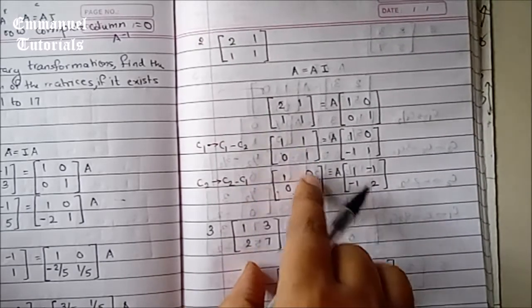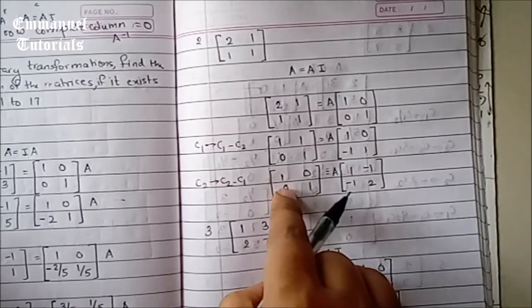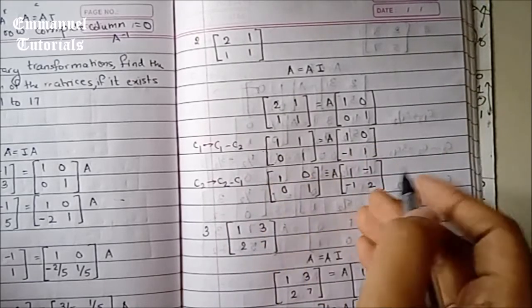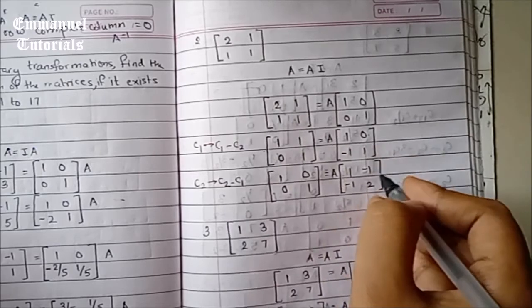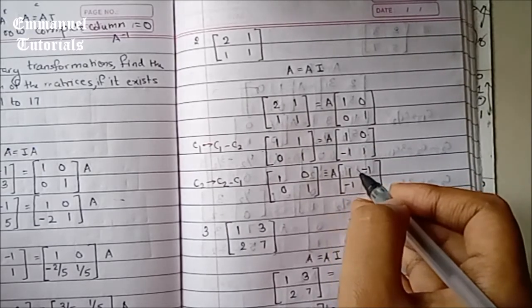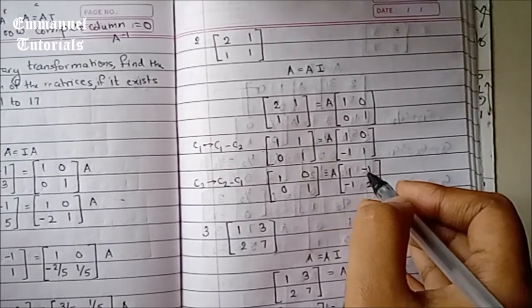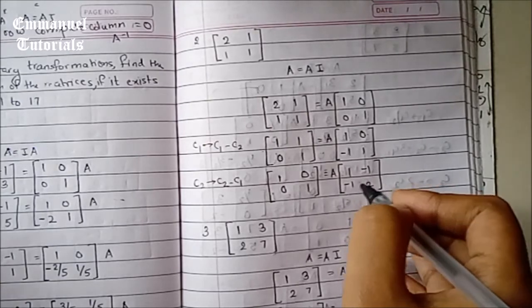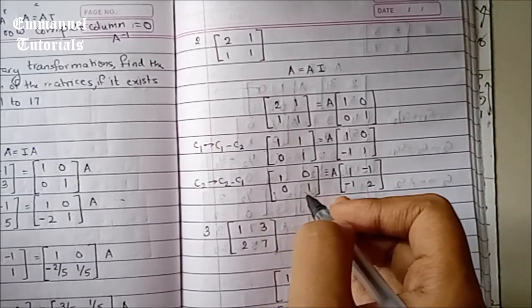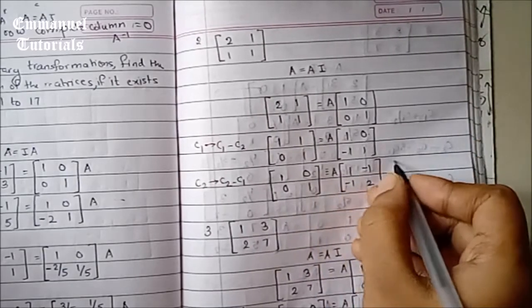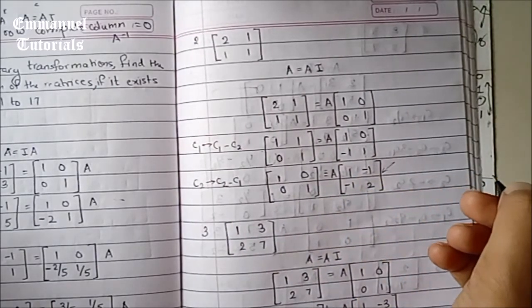So it will be 1 minus 1 is 0, 1 minus 0 is 1. So 1, 0, 0, 1. And similarly on the RHS, it will be 0 minus 1 is minus 1, 1 minus minus 1 is 2. So the resultant matrix will be 1, minus 1, minus 1, 2, because we have already achieved the identity matrix on the left hand side. So A inverse is this matrix.